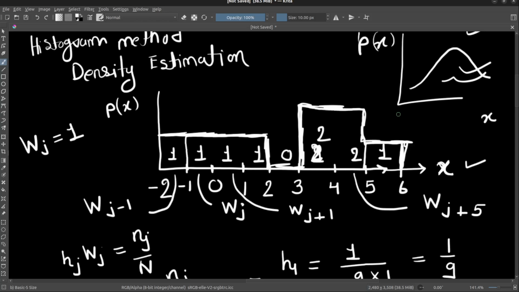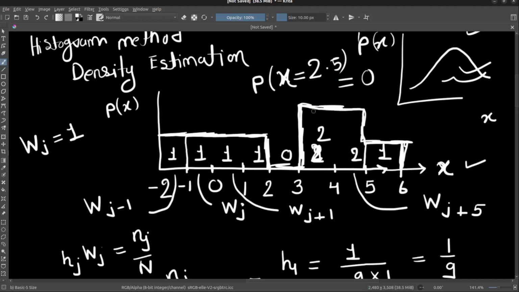Now if somebody asks what is the probability density function value at x equals, let's say, 2.5? Our assumption is that at particular bins the density function value remains constant, so from 2 to 3 this value will be 0.